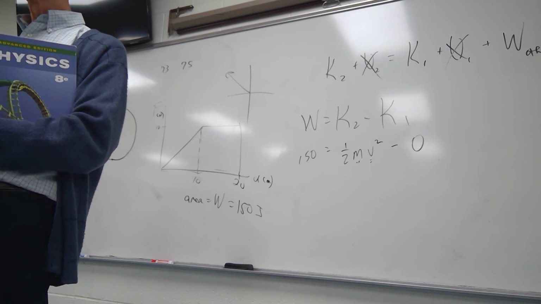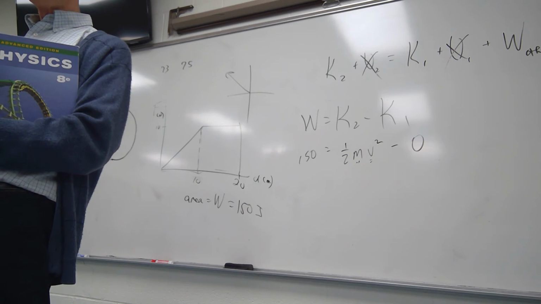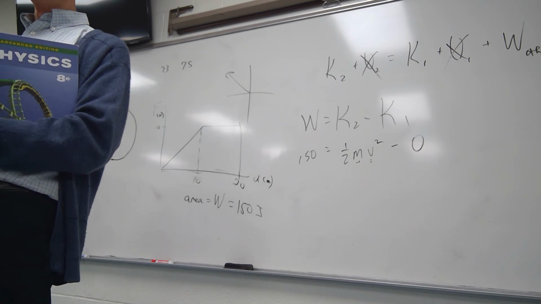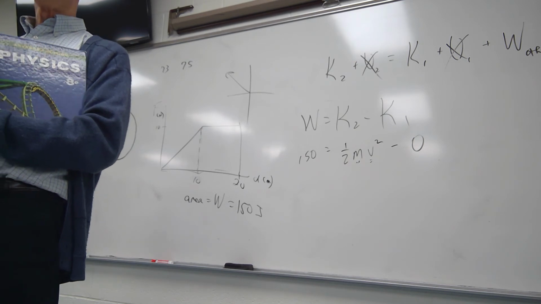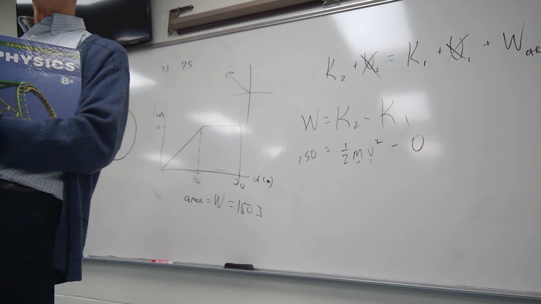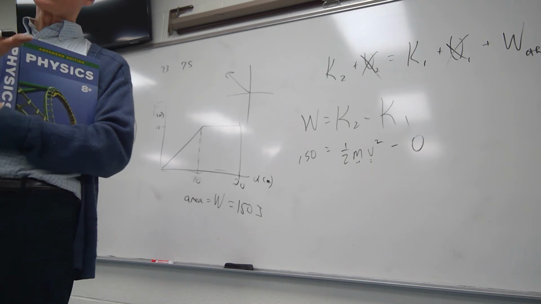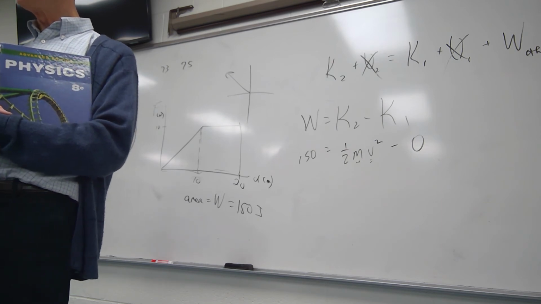It's applying a force, and it's moving a distance as it moves up the hill at a constant speed. So if it's getting outside work, which is what the engine does, then mechanical energy, K plus U, does not just equal K plus U. For mechanical energy to be conserved, K plus U equals K plus U. There's no outside work involved. That's what the question means.